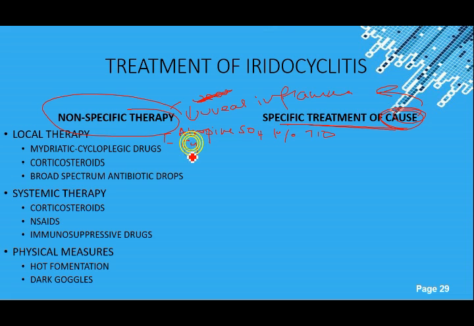Then cyclopentolate, 1%, or homatropine, 2%, also TID can be given, or something more powerful.